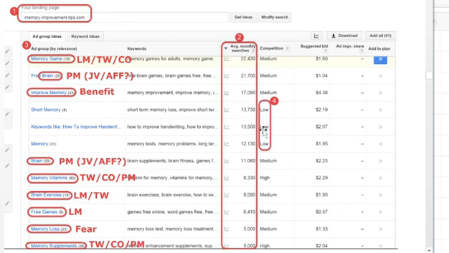One is if it's low competition and I can go after the 13,000 people that are searching for short memory, or the 13,000 people that are looking for how to improve, or the 12,130 people that are just searching for flat-out memory, those people aren't likely to convert as well, and that's why the competition is low.